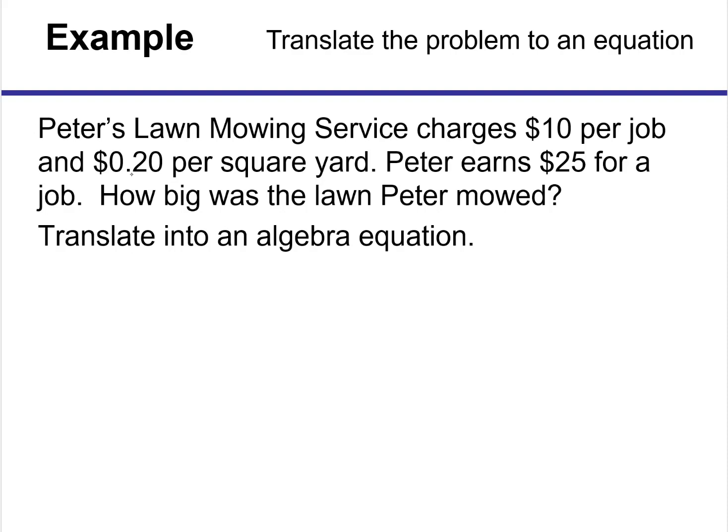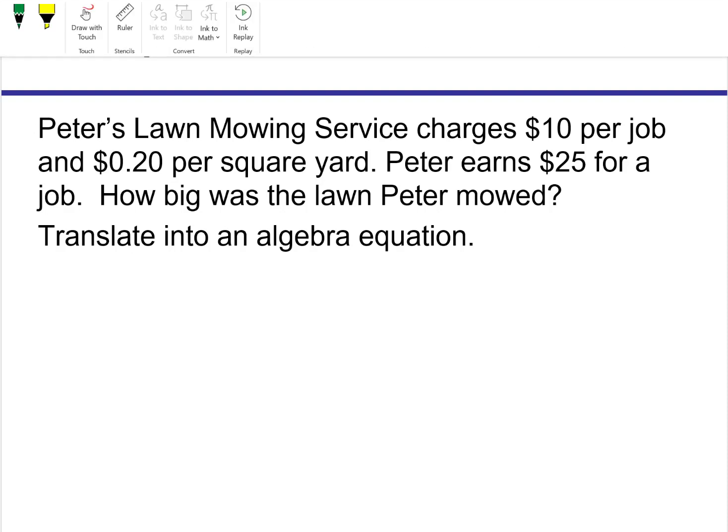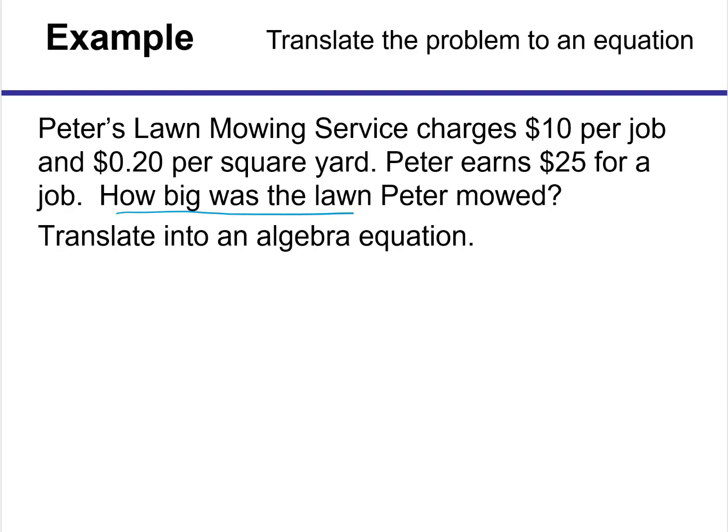And also it has the question itself. The question is, how big was the lawn? That's our unknown. So the question is what we want to solve. That's usually a great place to start. And so let's let L equal the size of the lawn.